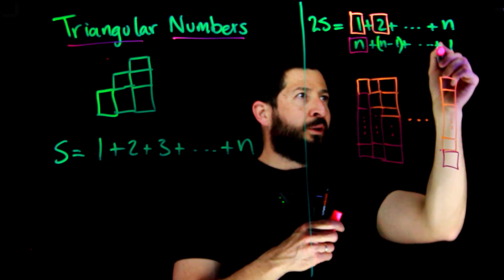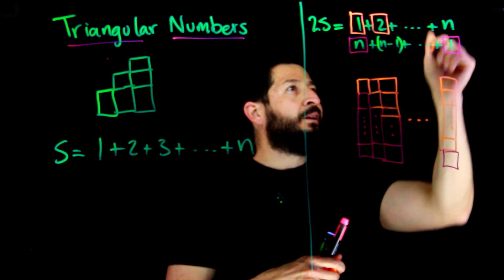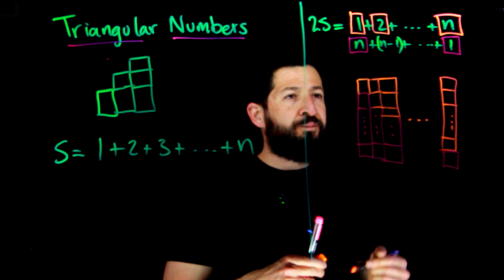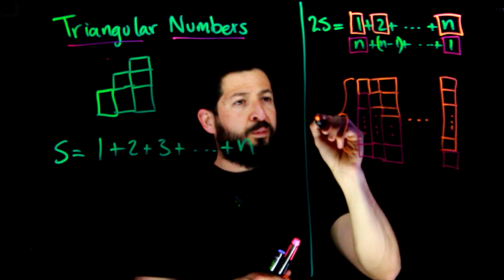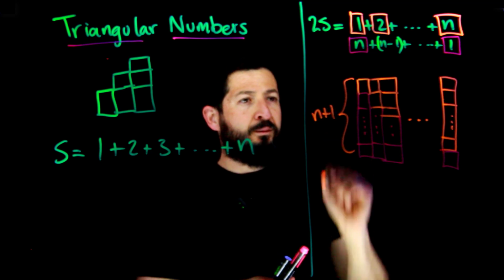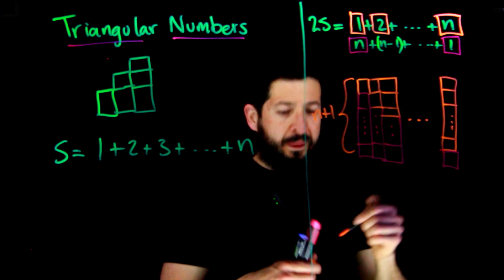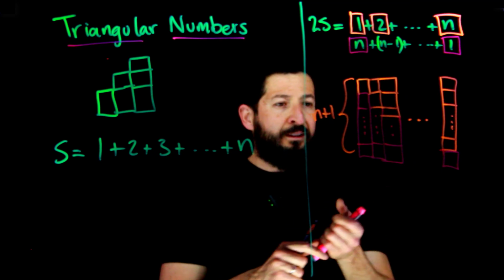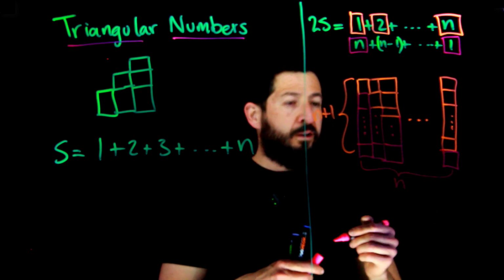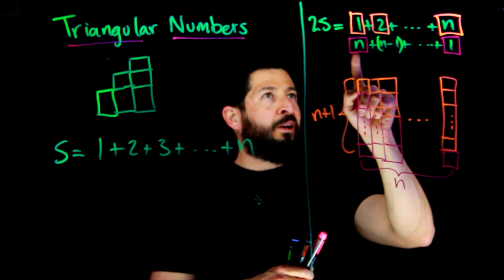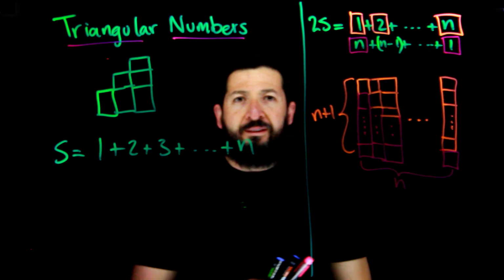By the way, that's 1. And this is n. So you're going to have n plus 1 blocks in every column. And you're going to have n columns because you're adding 1, 2, all the way to n. So each number you have n.